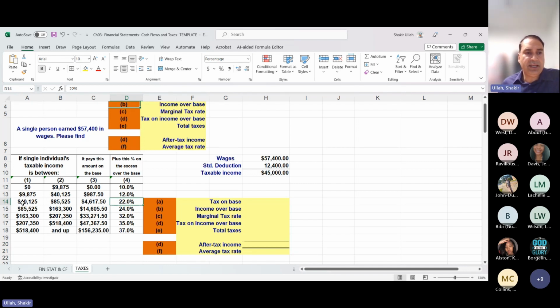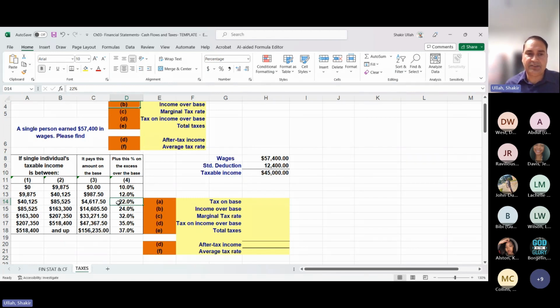Let's suppose that your income is $45,000. So 45,000 means you are in this bracket, the bracket of 22% tax rate. And this is the marginal tax rate, which means on any additional dollar that you earn in this bracket, you will be paying 22% tax on that income.